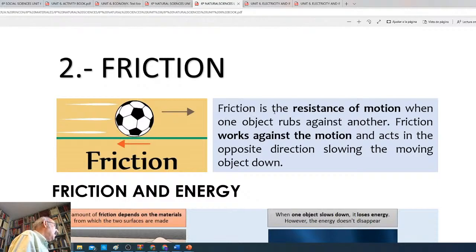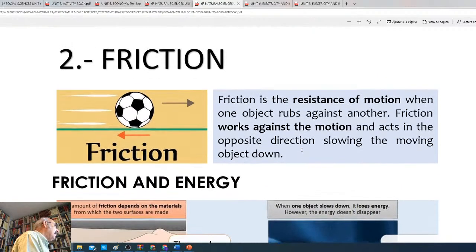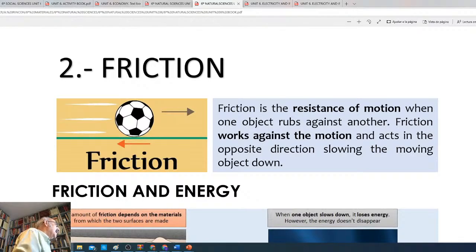So we're talking about forces, about motion, and friction is the resistance of motion when one object rubs against another. Remember that friction works against the motion and acts in the opposite direction, slowing the moving object down. So remember, friction is just one of the forces acting over the movement of any object.